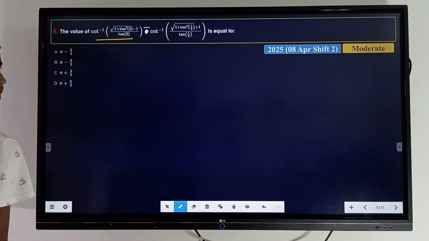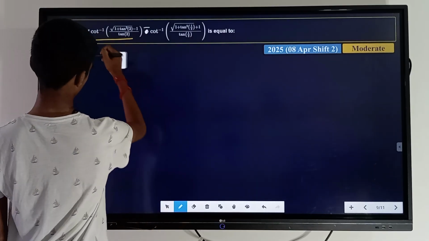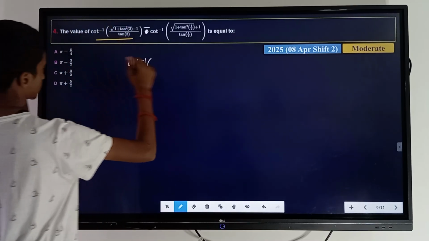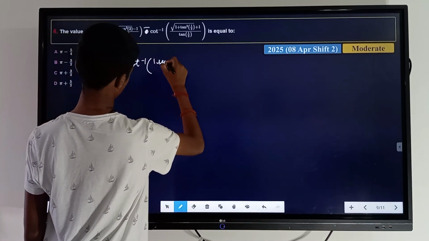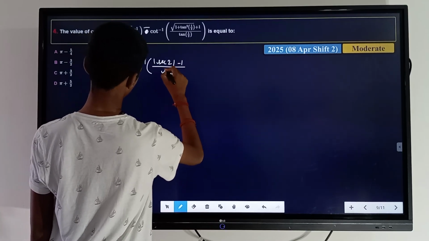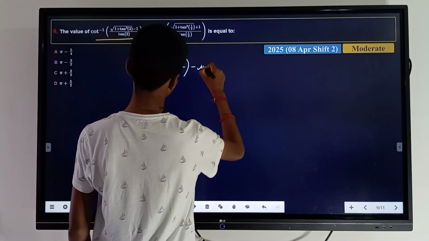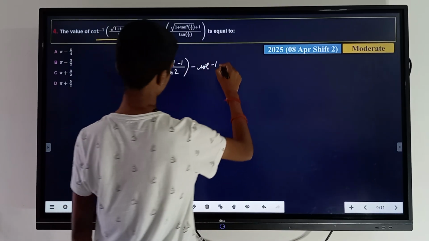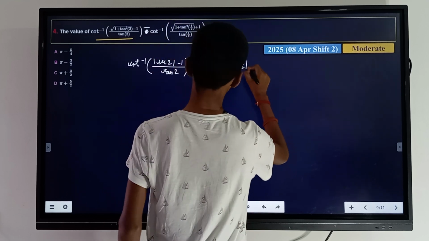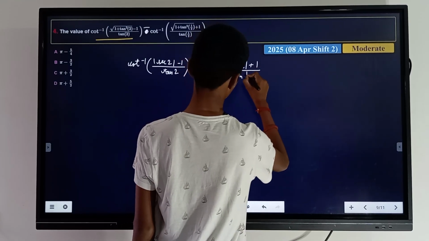So first, we can write this as cot inverse of, we can write this under root as mod of sec 2 minus 1 upon tan 2, minus cot inverse of mod of sec 1 upon 2 plus 1 upon tan 1 upon 2.